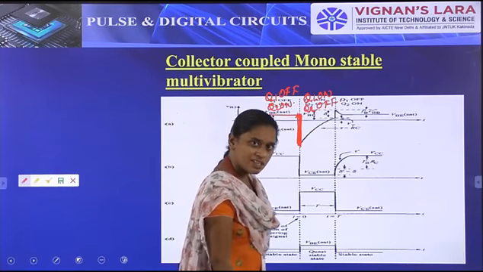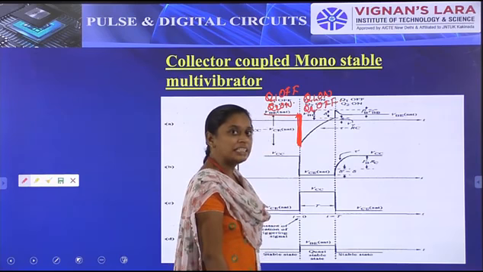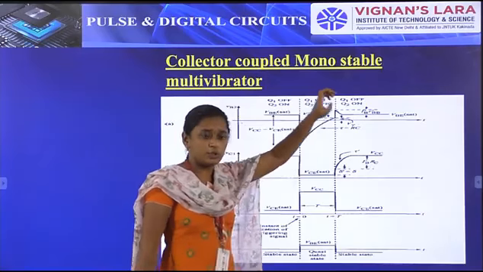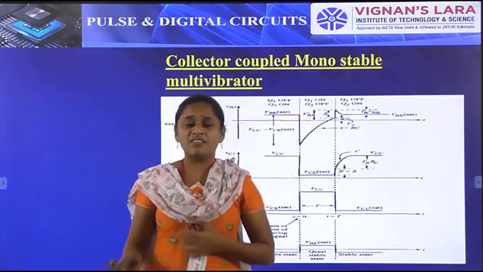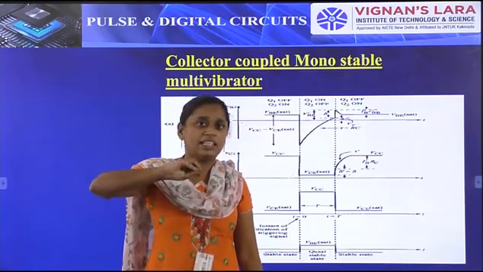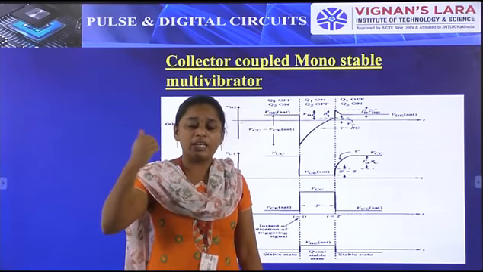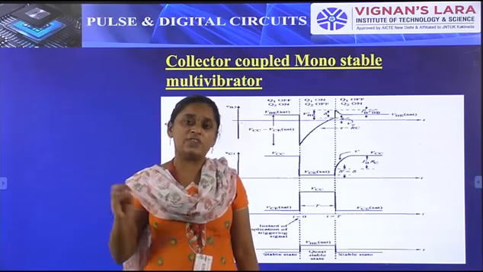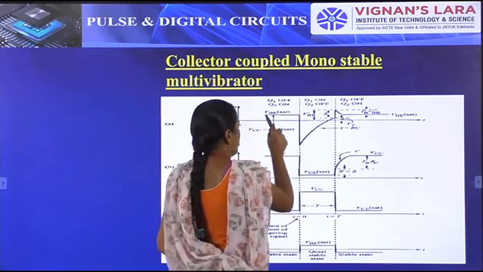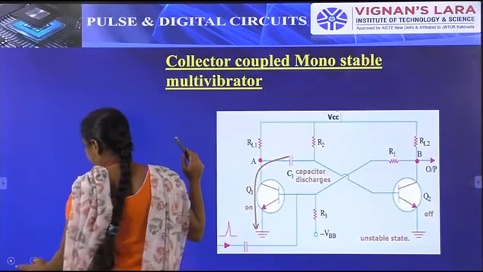What is the condition of the capacitor? The capacitor starts discharging, and when it starts discharging it releases the voltage. At the VB position the voltage will increase in an exponential manner.